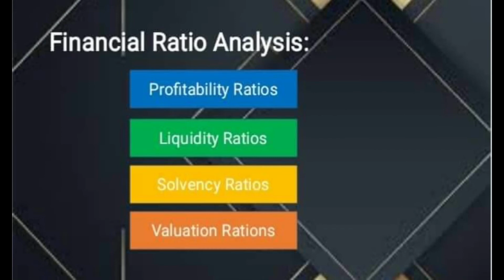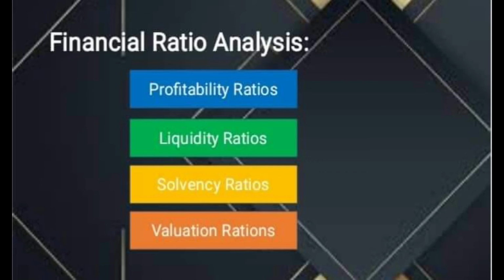Financial ratios are grouped into the following categories: profitability ratios, liquidity ratios, solvency ratios, and valuation ratios. Profitability ratios measure a company's ability to generate income relative to revenue, balance sheet assets, operating costs, and equity.